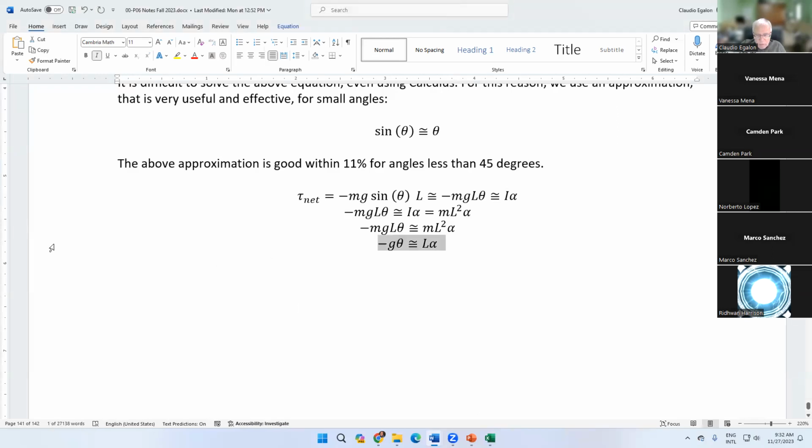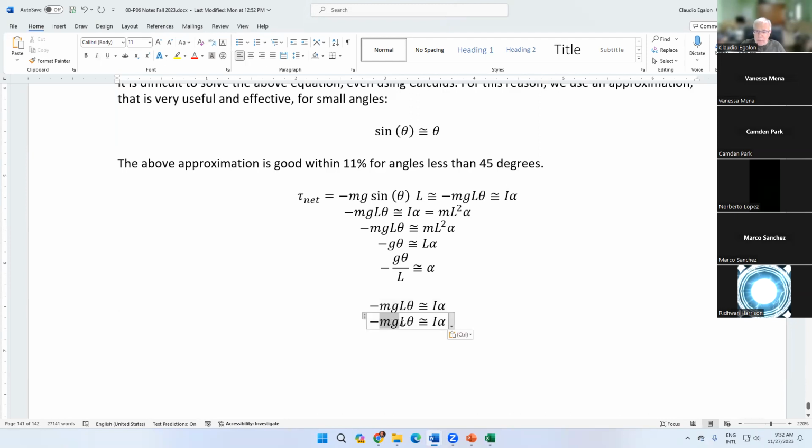So let me go one more step here. The alpha is going to be approximately g theta over L. But going back to what I had before, I want to show you a nice correlation between what we have here and something similar that we did before.